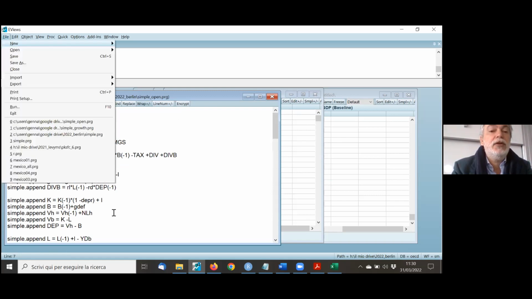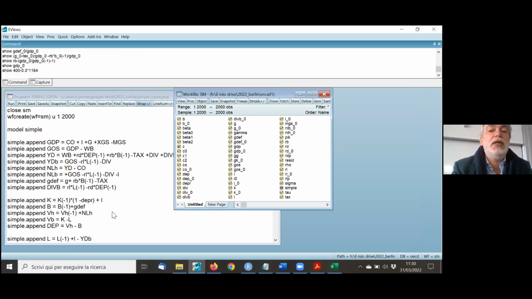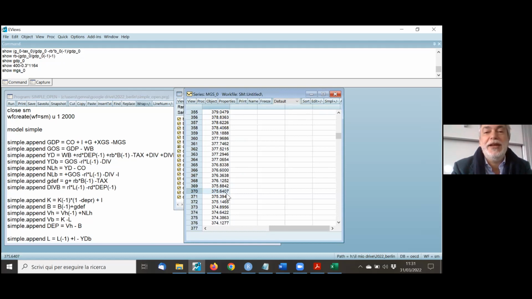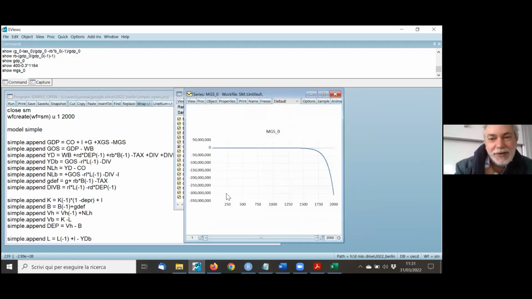So far this is incomplete, but we can look at our imports and check whether they converge to 400. They are slowly converging to 400, but then they are declining later on. I don't really know why.